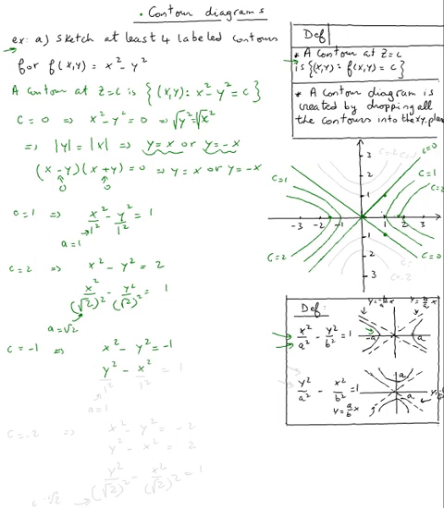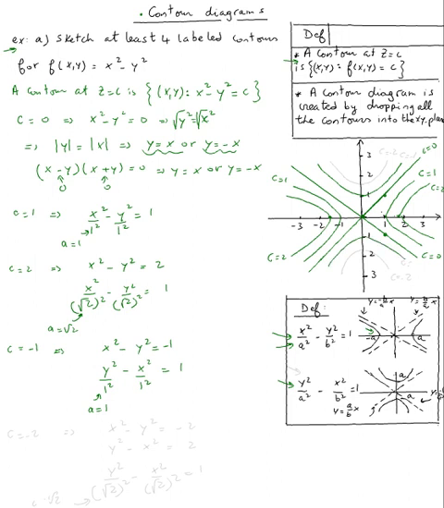You get y squared minus x squared equal to 1, right? So it's still a hyperbola, but with the vertices on the y-axis. Again, I can rewrite this as 1 squared, so my a still happens to be 1. So I'll go to 1 and do the hyperbola, and then I go to negative 1 and do this part.